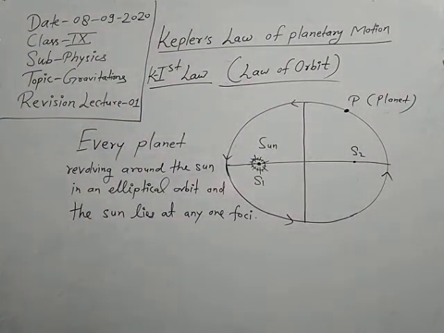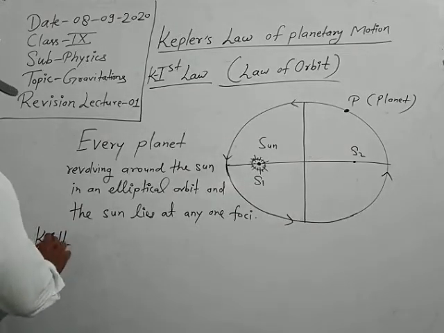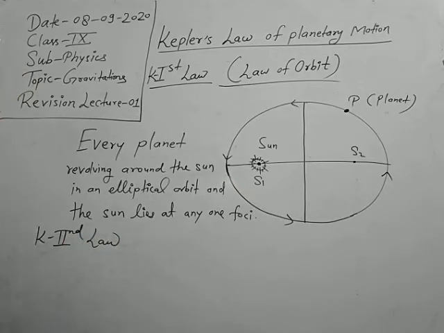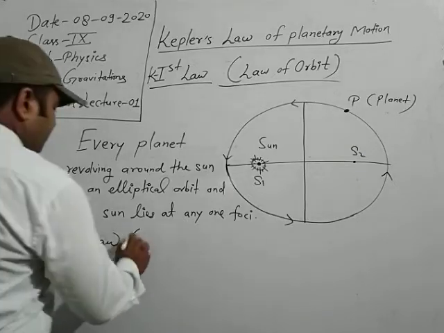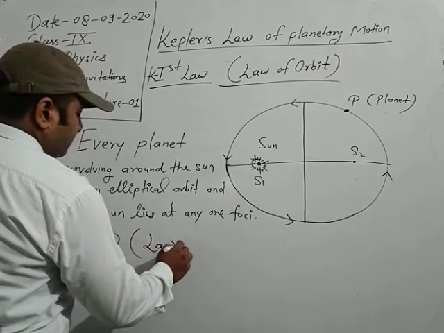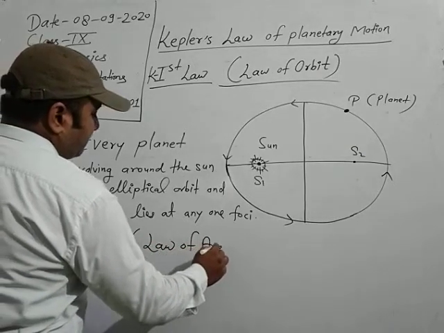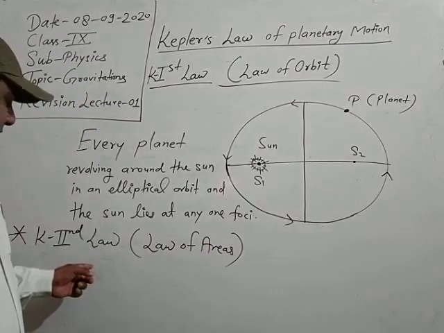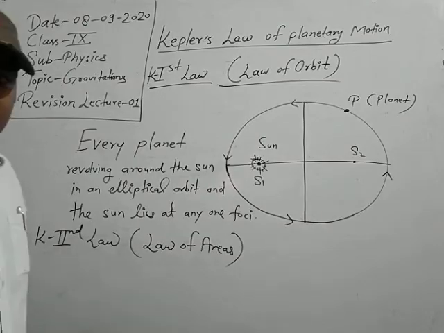And then after this, Kepler's second law. Let's see. Kepler's second law, or we say the law of area. Why does this one have another name, law of area?